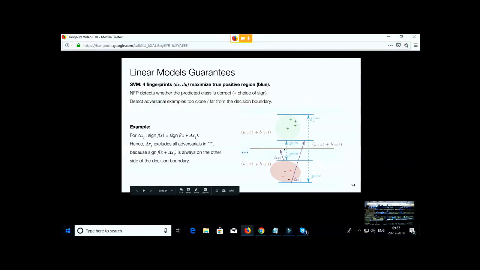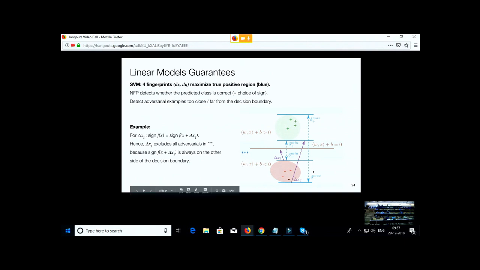But if you're too close to the decision boundary, then x plus delta x1 suddenly will see a change in the predicted class. So delta x1 detects all these adversarial examples that are too close to the decision boundary. And similarly, you can draw similar fingerprints for the other regions.